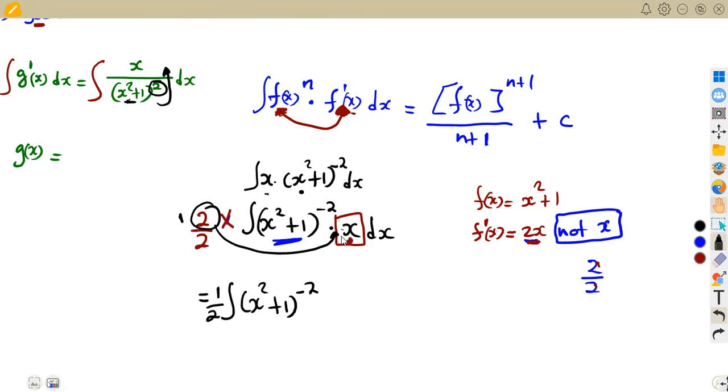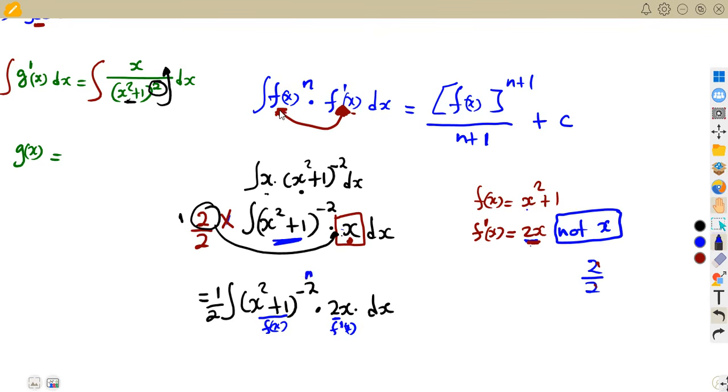Then this 2 multiplies this x, so it is going to be 2x like this, dx. So we have achieved what we wanted. This is your f of x, and this is its derivative. The derivative of our f of x is 2x, and this is our n.